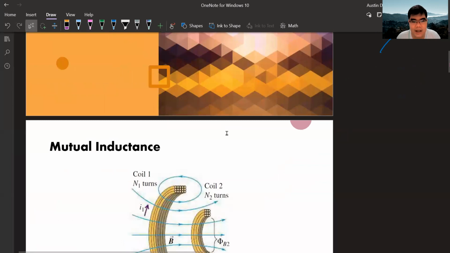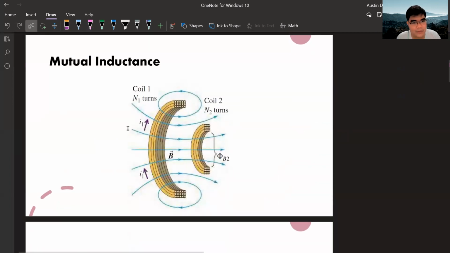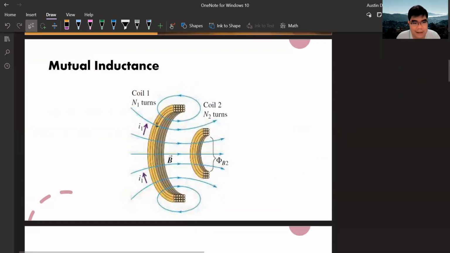Alright. So, tingnan natin itong example. Walang bagong math dito. We'll just try to understand things a little bit further. We have two sets of loops of wire, dalawang coil. Si coil 1 and coil 2, they're not connected.